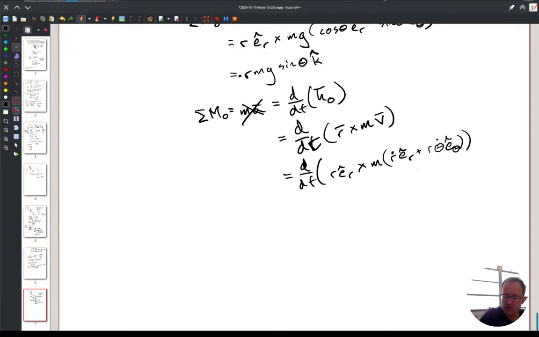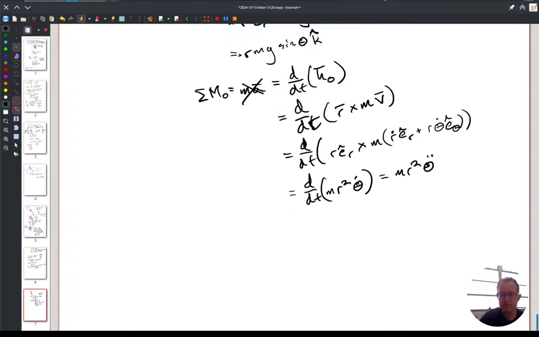And taking this cross product, the ER and ER both cancel out, and we end up with d/dt of m R squared times theta dot, or m R squared theta double dot.